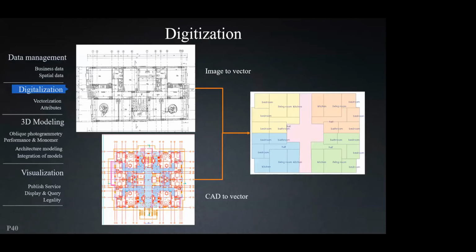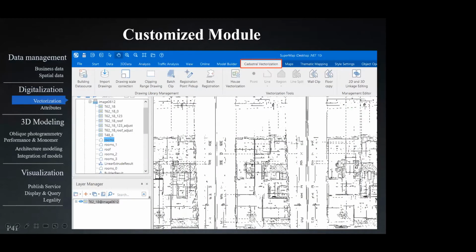For the paper map or the CAD data, they are all supported to import into the desktop, and then we provide the cadastre vectorization tools for you, which help you easily do the digitalization, so you can get the digital cadastre quickly.